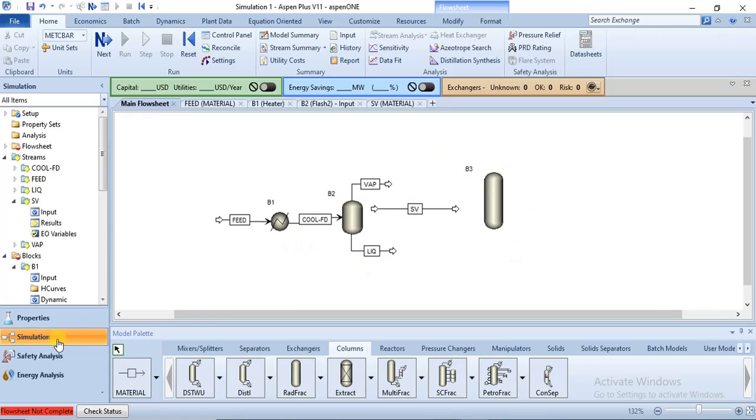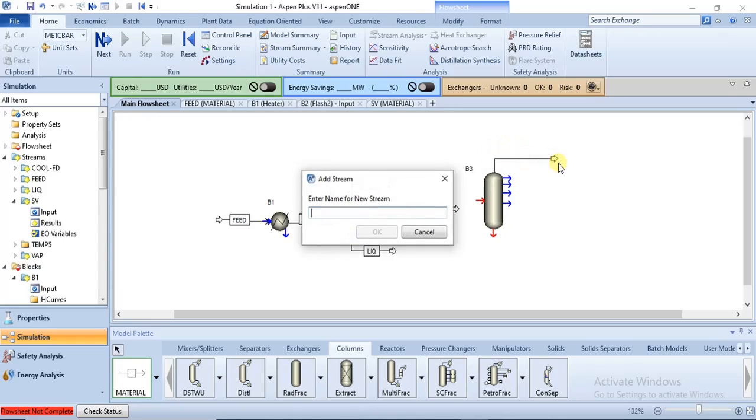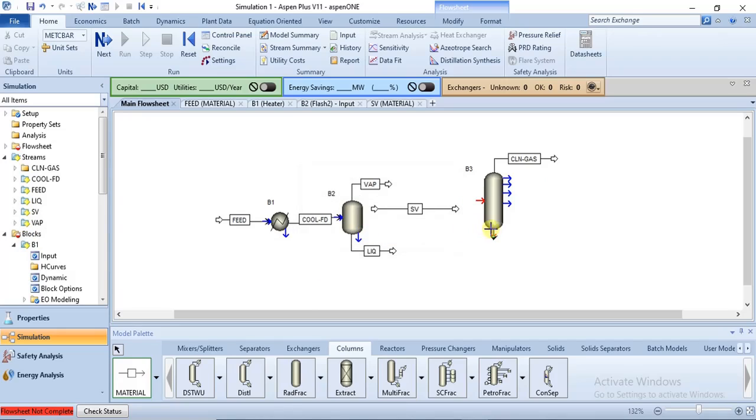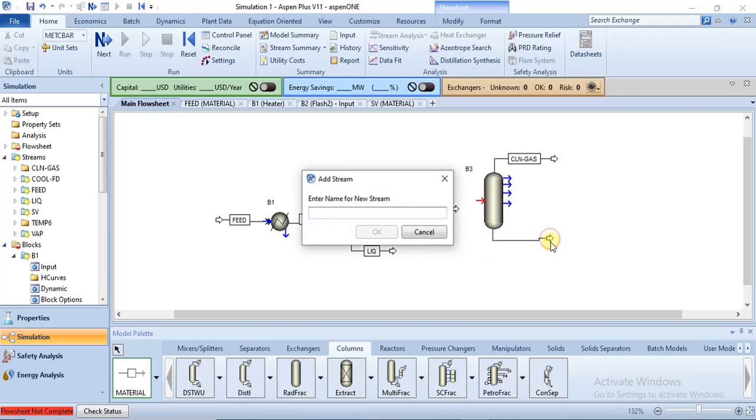Then you can create outlet streams for it, right? Let me just name it this. Then we can create the bottom stream as well.